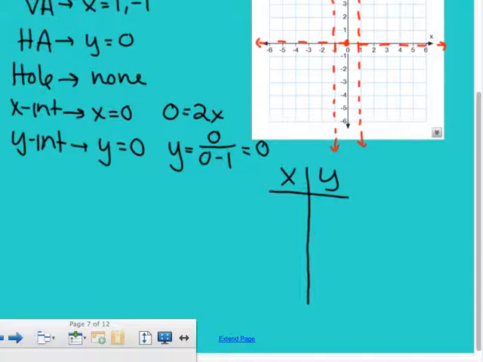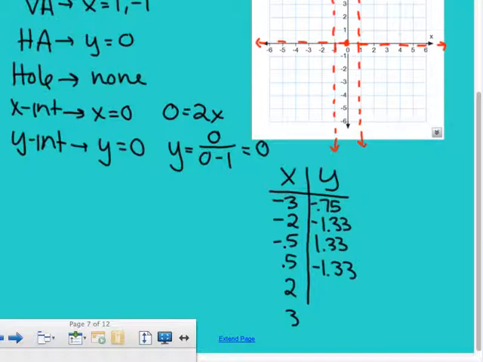So I'm going to do -3, -2, -0.5, 0.5, 2, and 3. So you should have gotten out -0.75, -1.33, 1.33, -1.33, 1.33, and 0.75. If you have those as fractions, that's great.